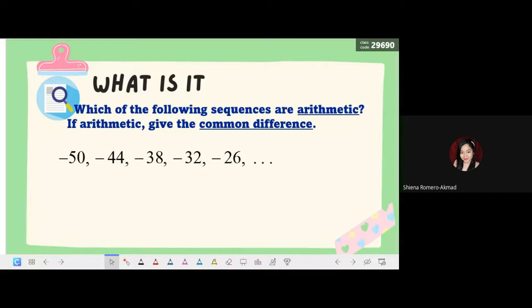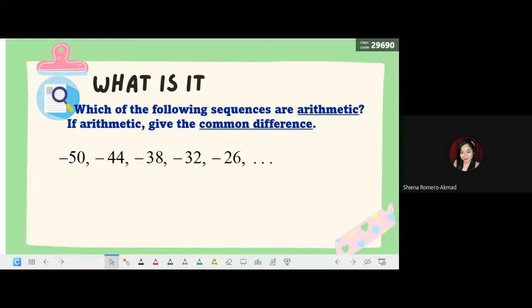Yung iba talaga attendance. Fifteen tsaka 7, 22. 10 tsaka 7, 17. Yung konti lang.